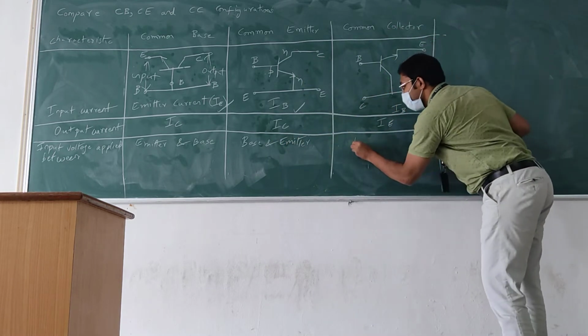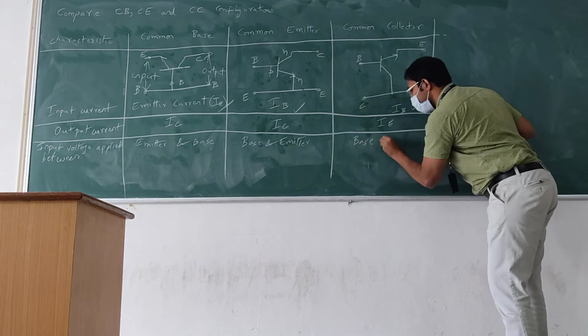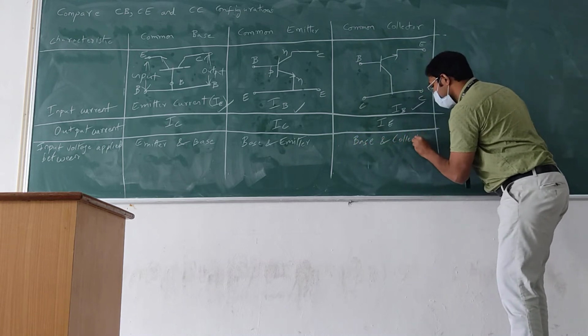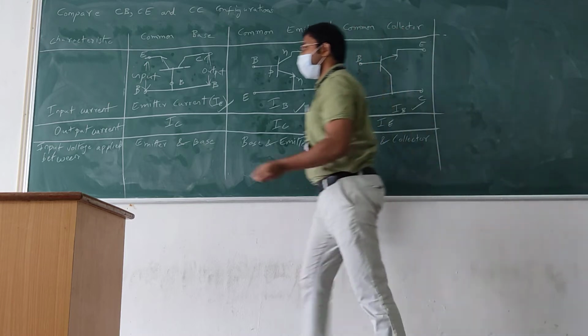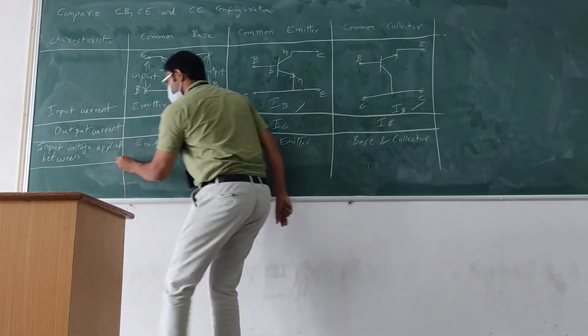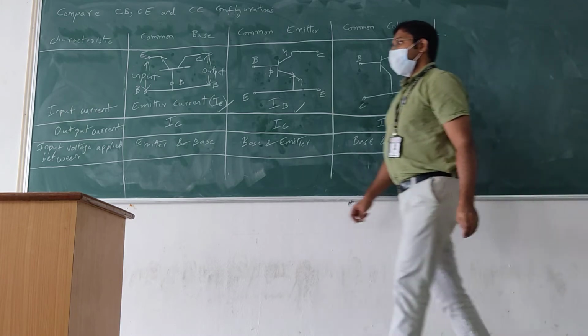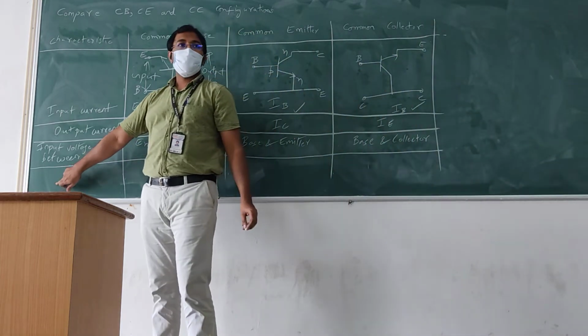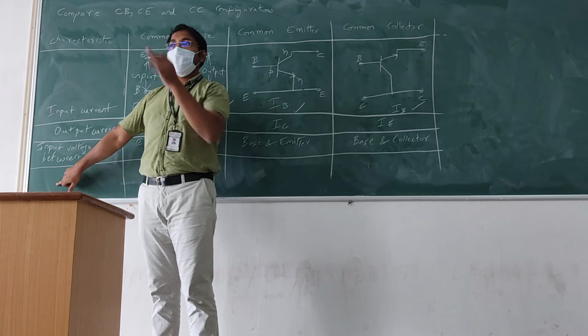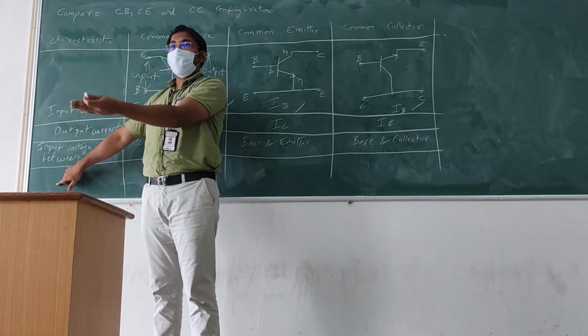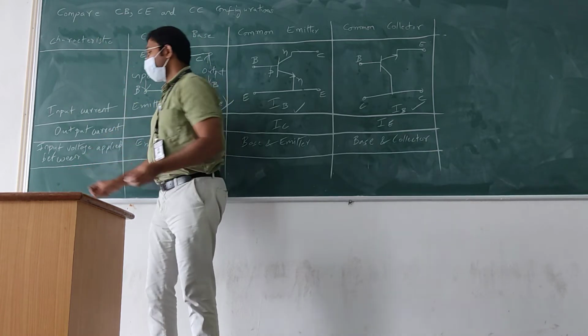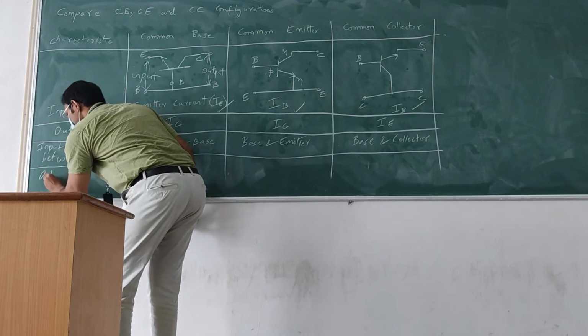Base and collector. Next, what else is left? Input current over, output current over, input voltage over. Next what? Very good, output voltage.